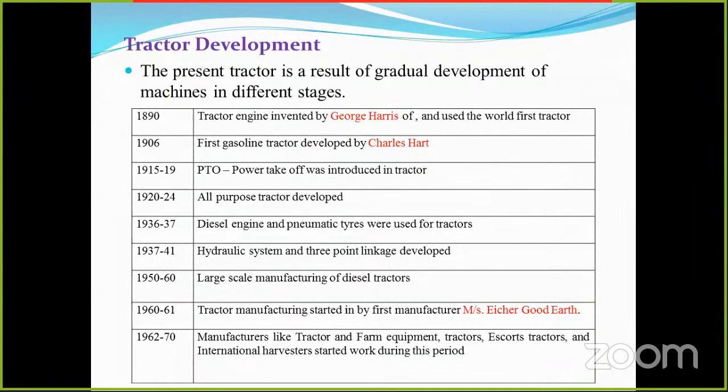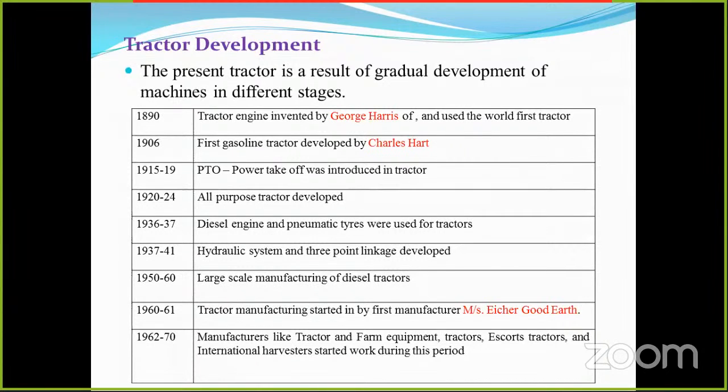Okay, next, during 1936 and 37, diesel engine and pneumatic tires were used for the tractor. Then during 1937 to 41, the hydraulic system was introduced. The major purpose of the hydraulic system is to operate the 3-point hitch linkage system, as well as to operate the trolley also.